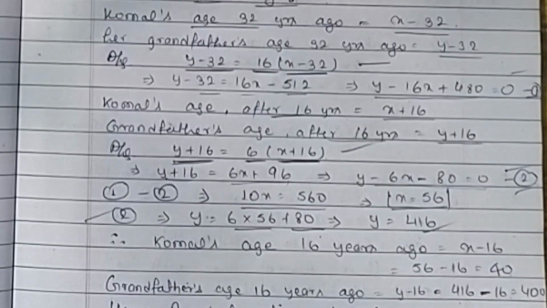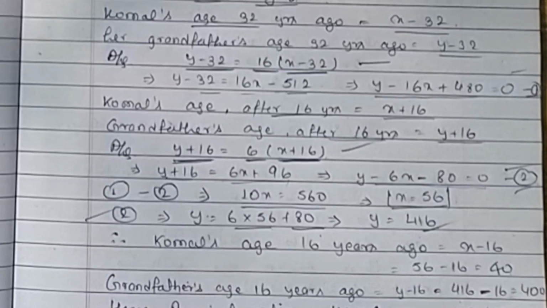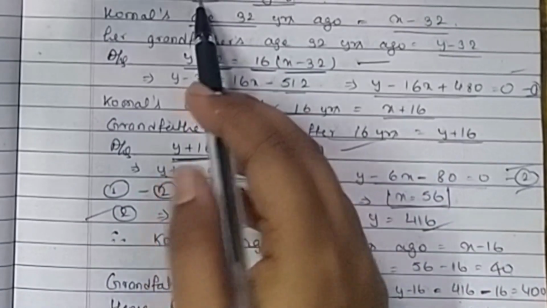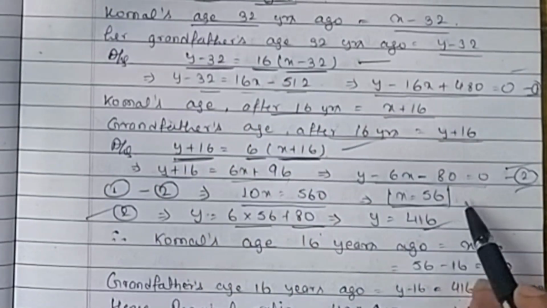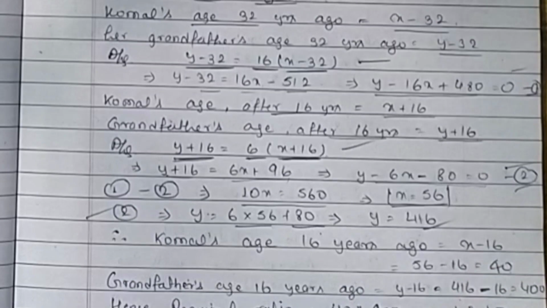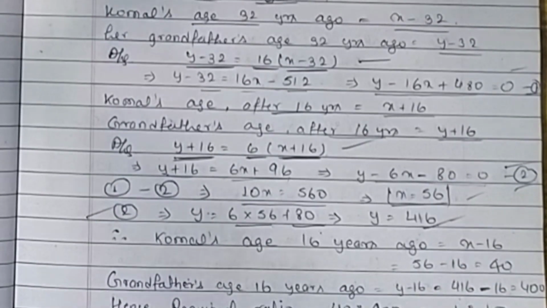Now we have found the present ages of Komal and her grandfather: Komal's age we assumed to be x and grandfather's age y, and the values of x and y are 56 and 416.